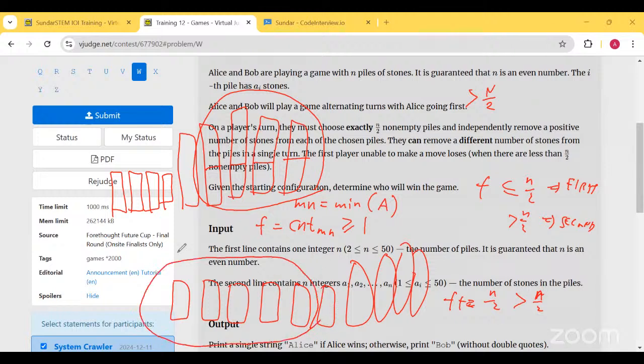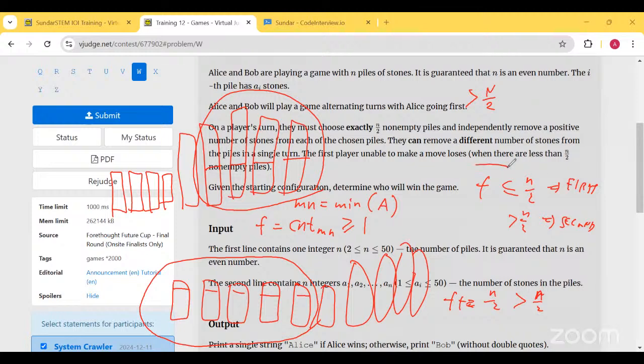Why? Because if he wants to reach it like this, then the number of minimum is just n divided by 2. So the opponent can avoid reaching the minimum.